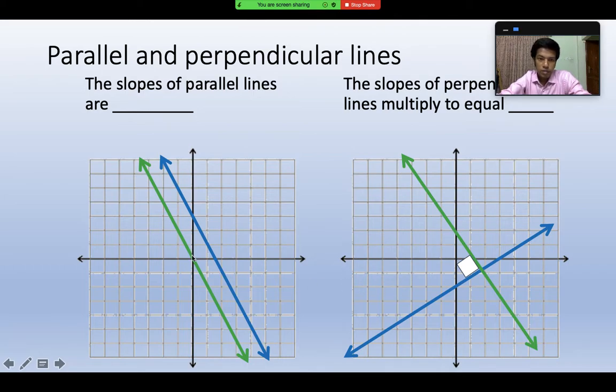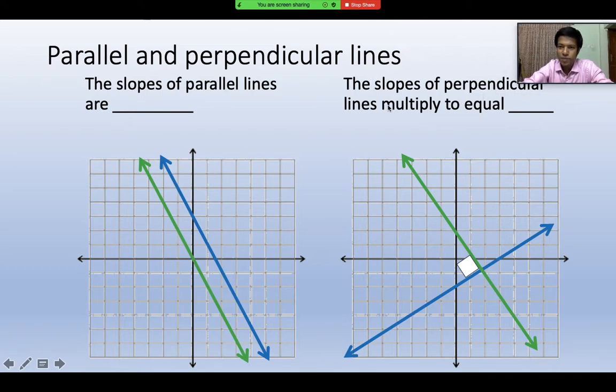You can see here two parallel lines and they are perpendicular. So our question is, the slopes of parallel lines are the same, right? And the slopes of perpendicular lines multiplied are equal to what? If we multiply the slopes of both of these lines, then it will be equal to what?